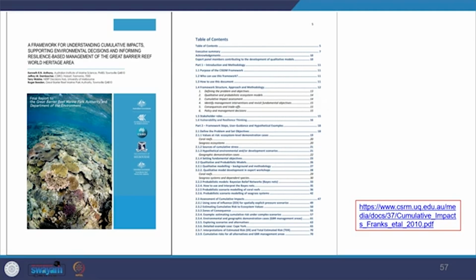How do you undertake assessment of cumulative impacts? And then they are also using zone of influence, which we have already studied, and also estimating cumulative risk to ecosystem values. And they have also identified zones of consequences. So you can see all that here.